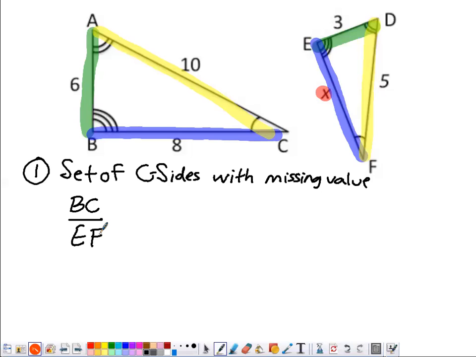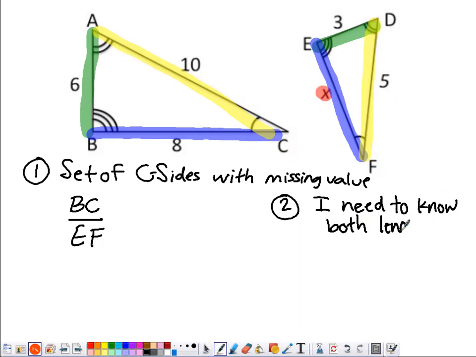Now my second set, I need to know the lengths of both of the corresponding sides. So do I know green and green?